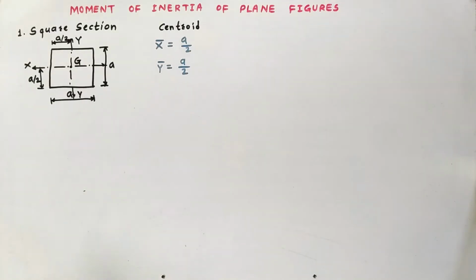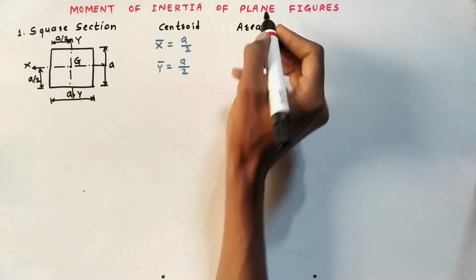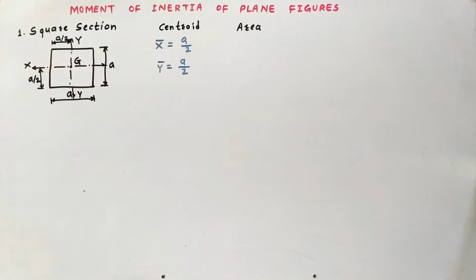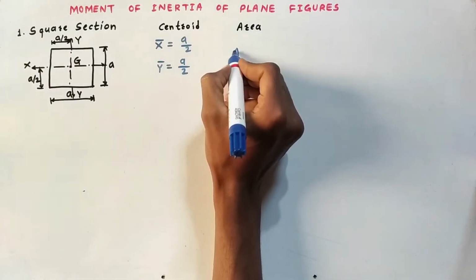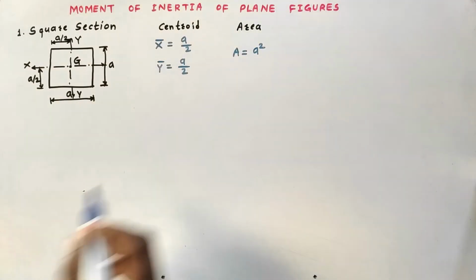Now what is the area of the square section? We know the area of a square is A into A, that is A square.